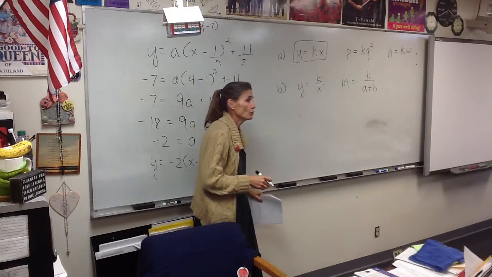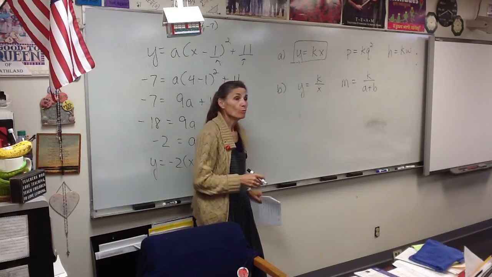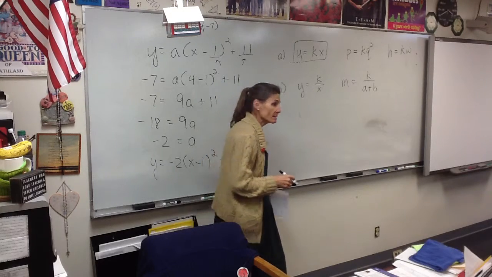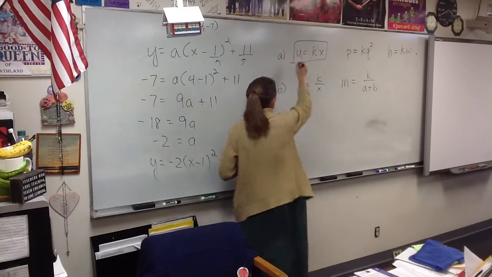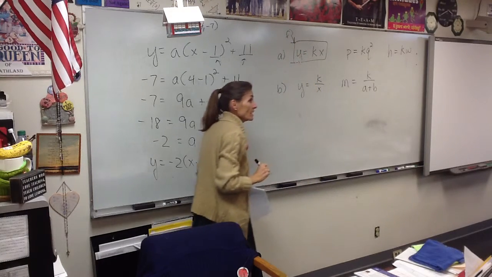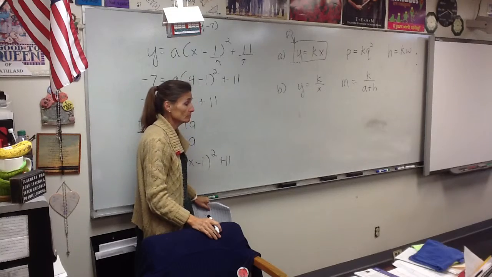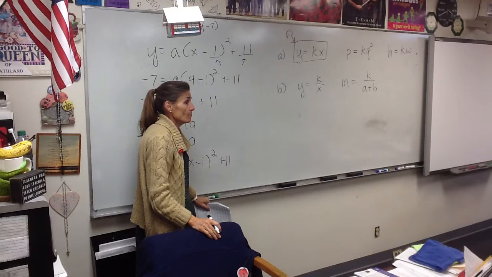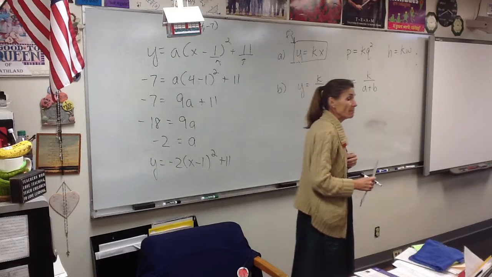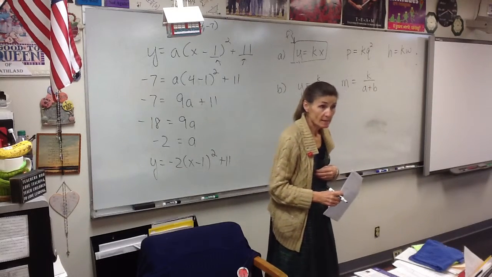Y is proportional to X. The word proportional is direct variation. So when it says Y is proportional to X, this is your answer. So this is the answer to A and F. When it says two things are proportional, that means they vary directly.